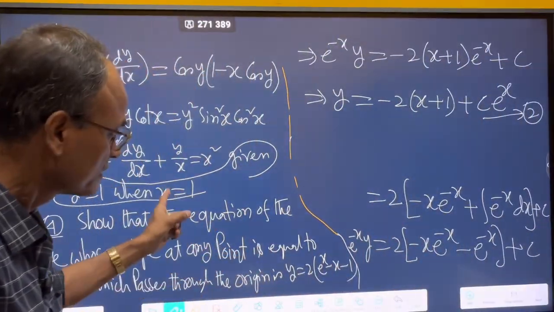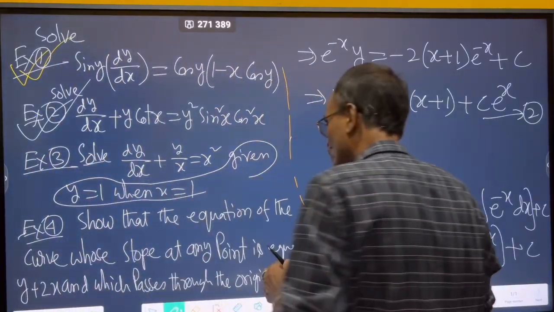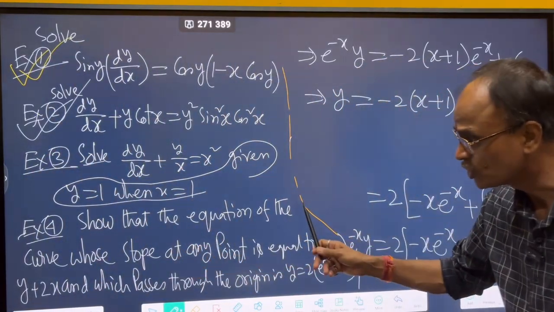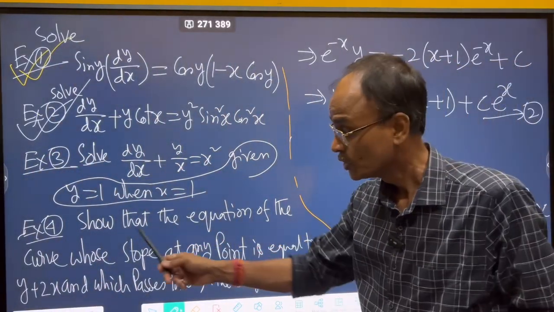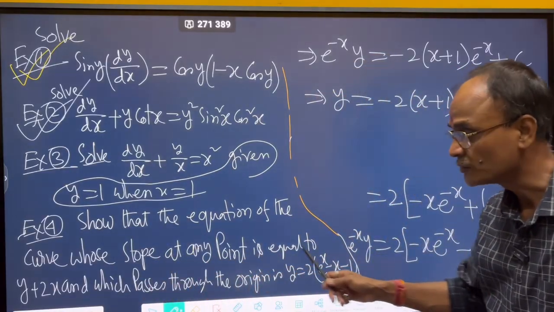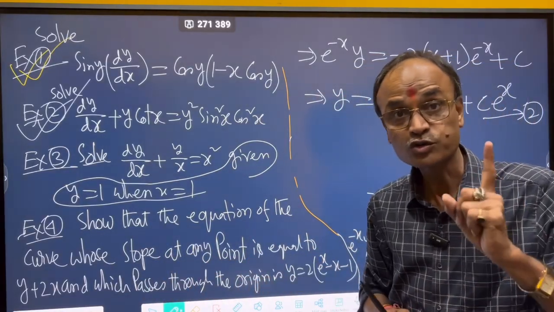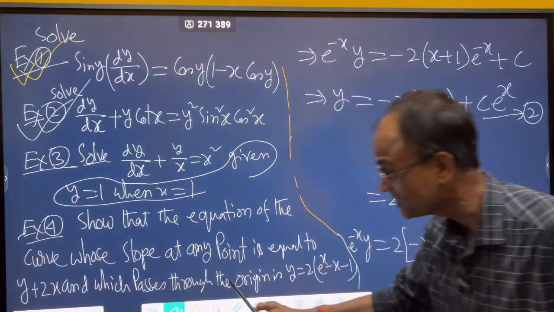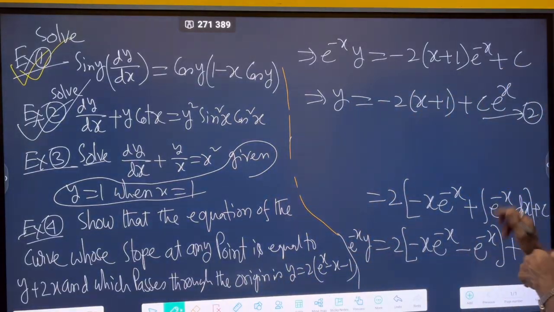Now, just see the question. Find the equation of the curve whose slope at any point is equal to this, and which passes through the origin.